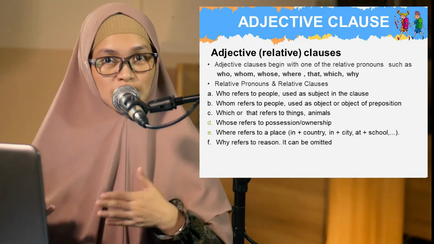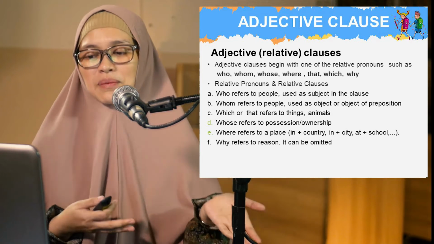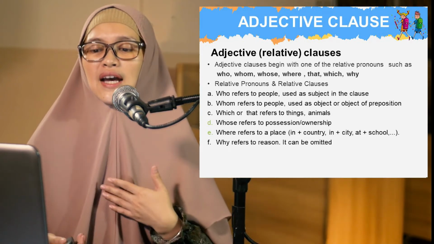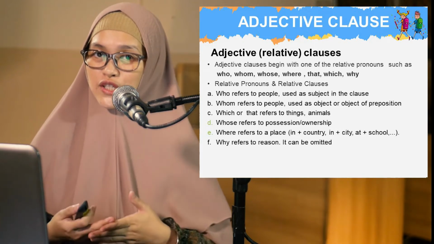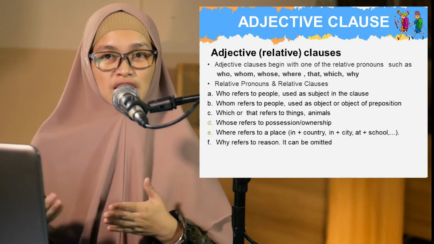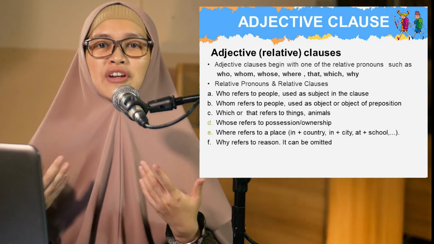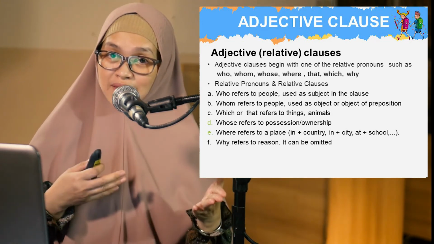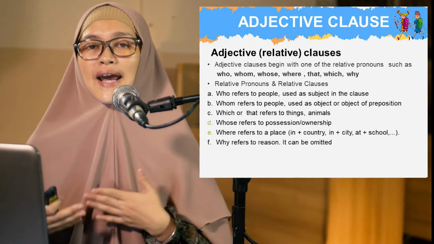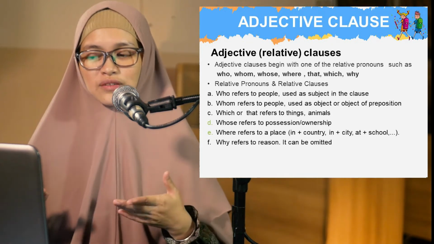It belongs to someone or something. And where refers to a place. For example, in plus country, in Indonesia, in America, or in plus city, in Sukabumi. Or at school, here at school.